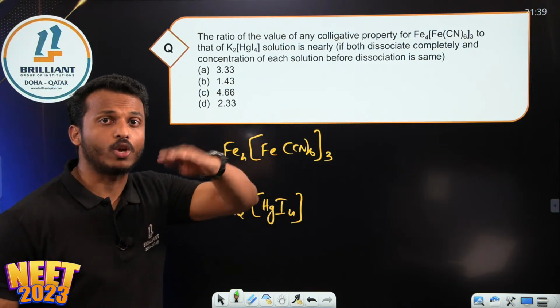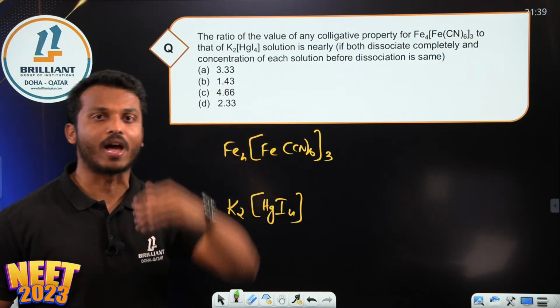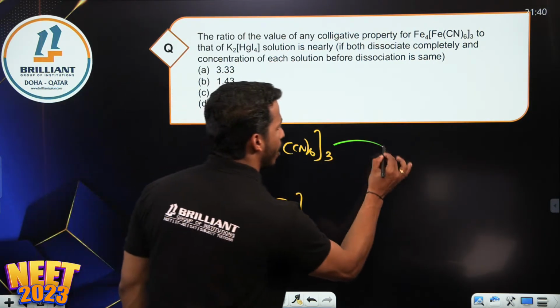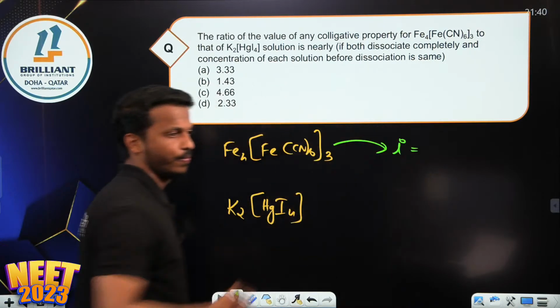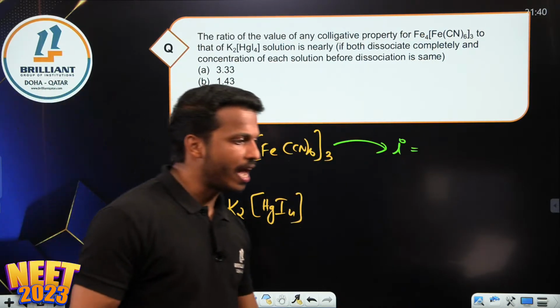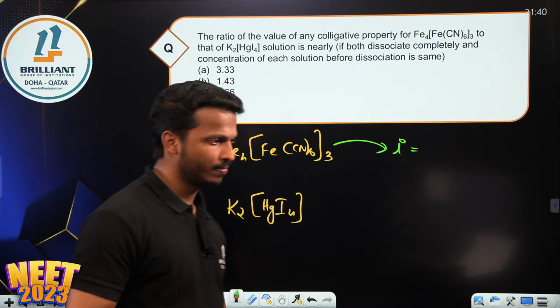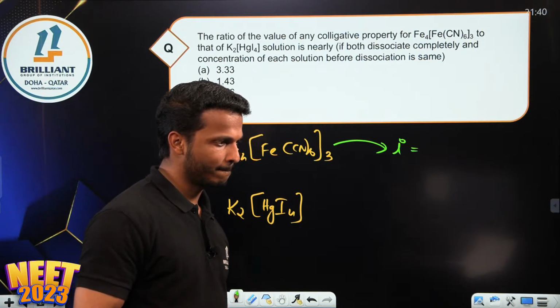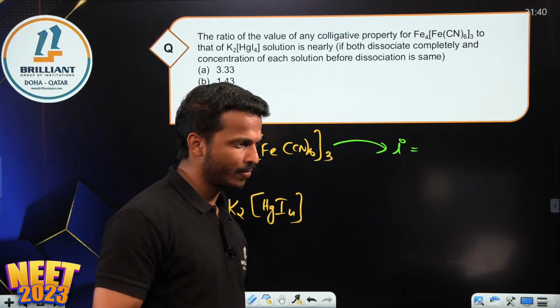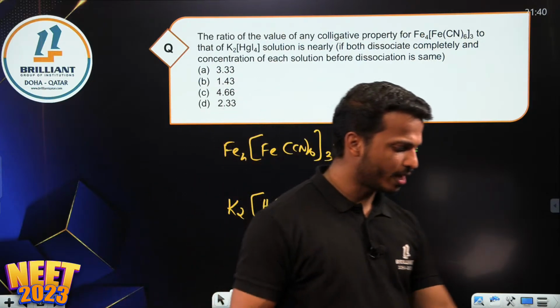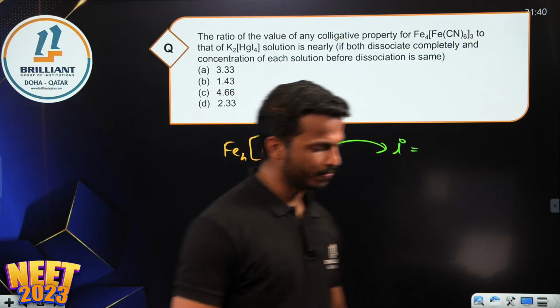That means you have to take the ratio of their I value. What is the I value for this complex? Tell me, dear all.